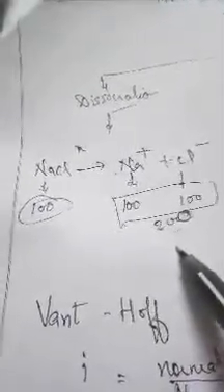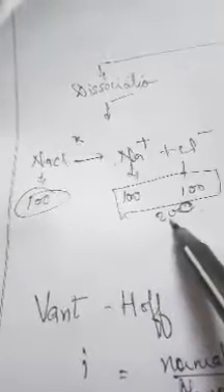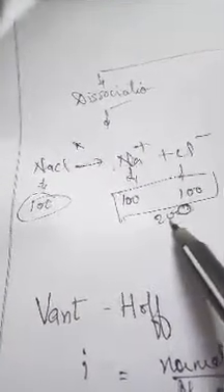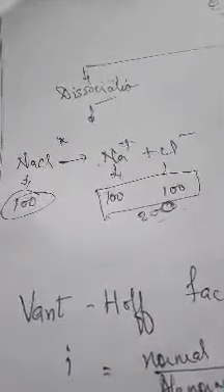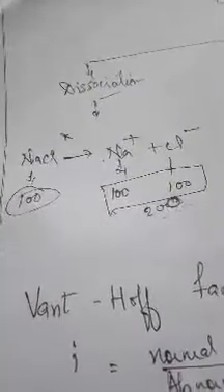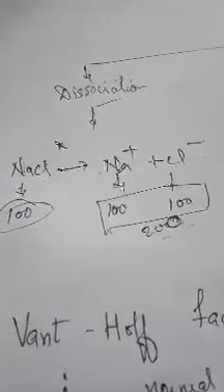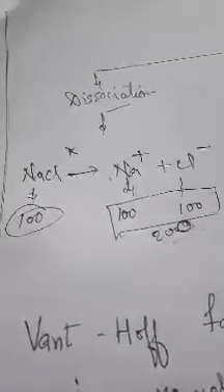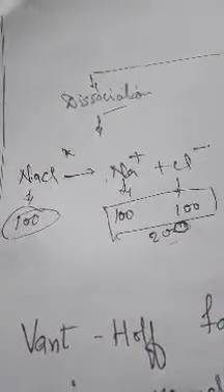If you want, just add one line over there. During dissociation, the total number of particles present in the solution increases, बढ़ जाता है, and therefore the values of the colligative properties also increase.